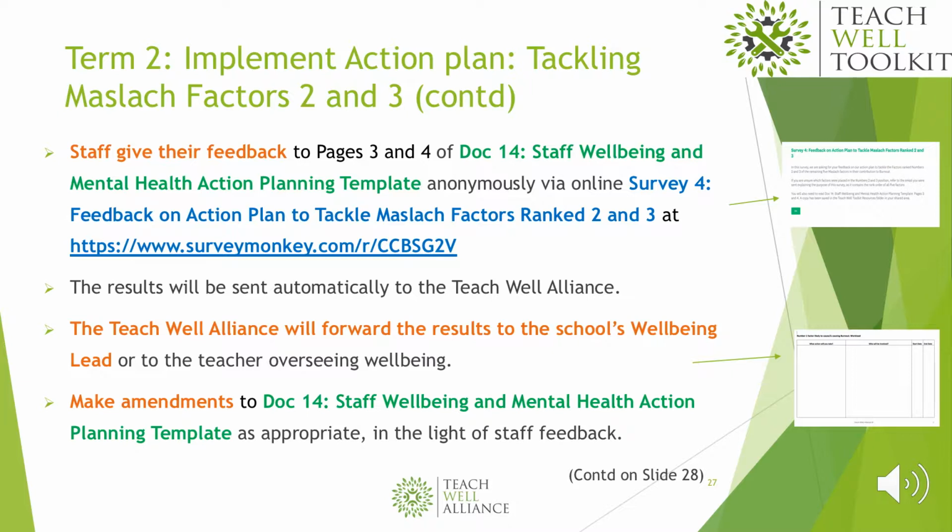You make amendments to pages 3 and 4 of document 14, Staff Wellbeing and Mental Health Planning Template, in the light of staff feedback on the action plan to tackle Maslach factors ranked 2 and 3.